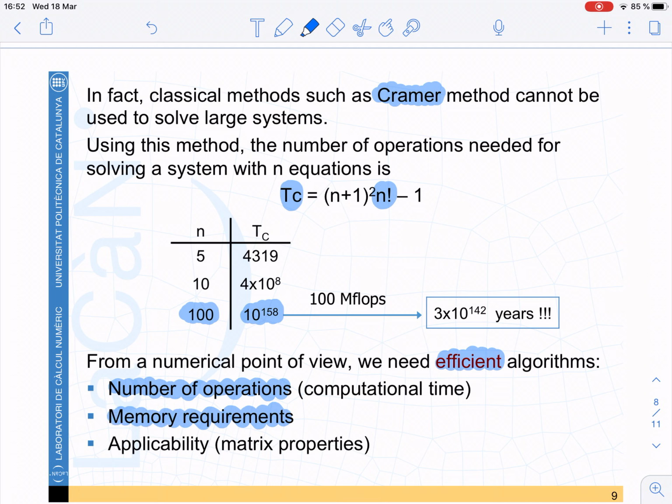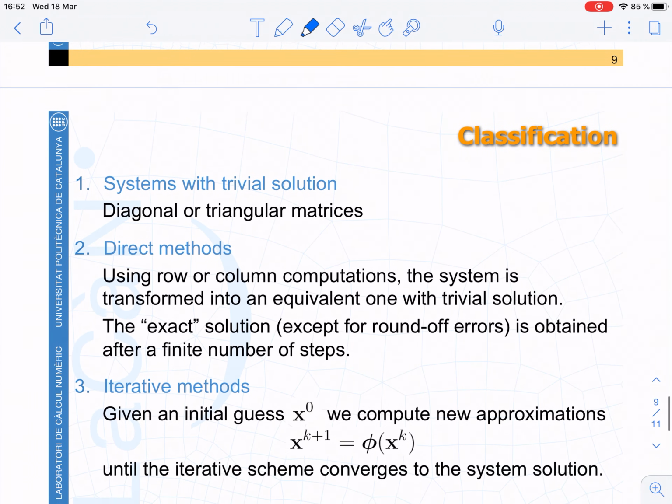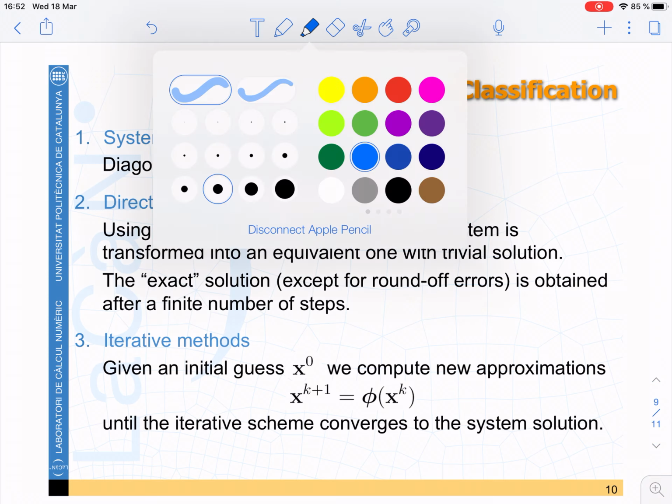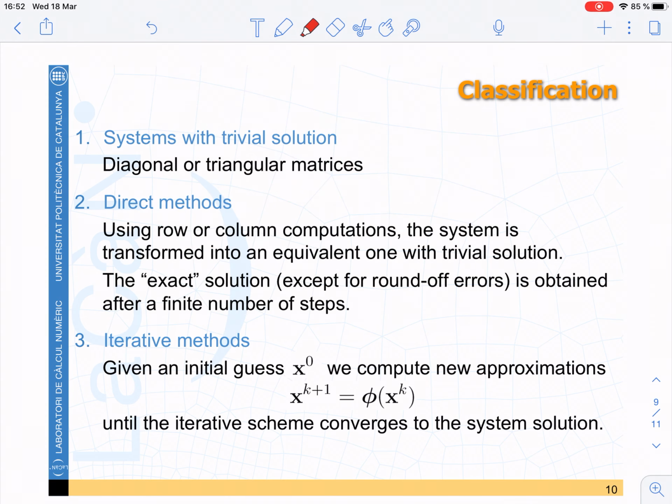And we will also pay attention to the applicability of each numerical technique depending on the properties of matrix A. In this unit, we'll discuss basically three types of strategies. On the one hand, systems with a trivial solution will be solved by means of simple algorithms. By trivial, we mean systems with either a diagonal or a triangular matrix.